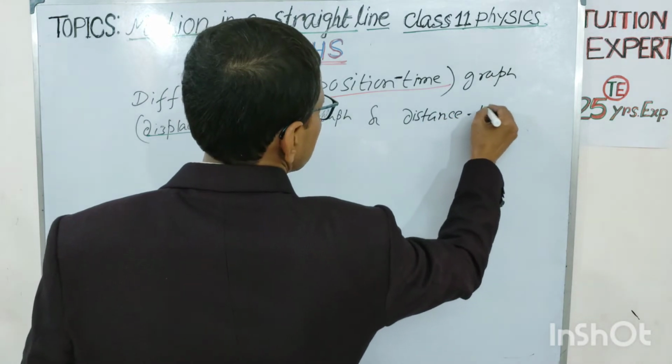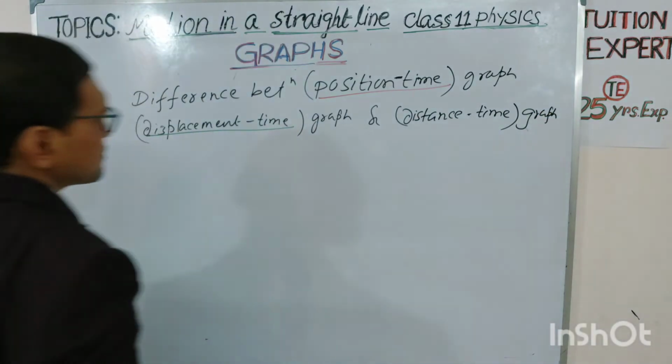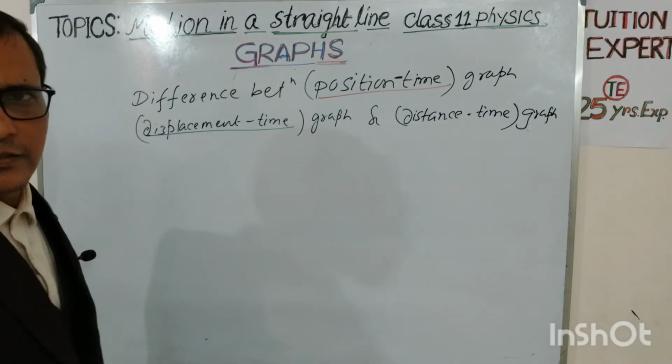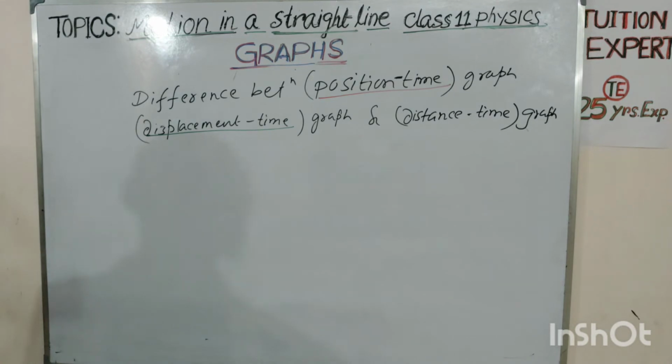Almost the three terms are the same, but there is a little difference. So we have to understand what the position time, displacement time, and distance time graphs are.